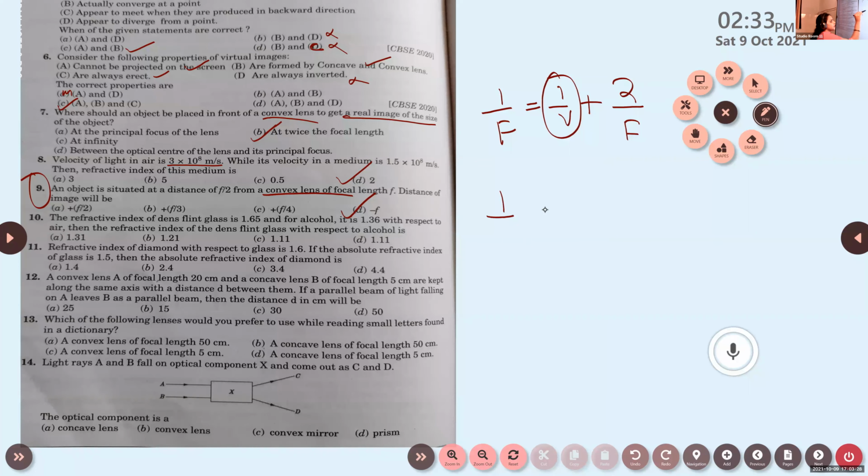So 1 by v is equal to, just rearrange the equation by taking this 2 by f to this LHS. So it becomes 1 by f minus 2 by f. Here the denominators are the same, so you can directly subtract. 1 by v is equal to 1 minus 2, it is minus 1 divided by the common denominator f, which implies v is equal to, take the reciprocal, that is minus f.